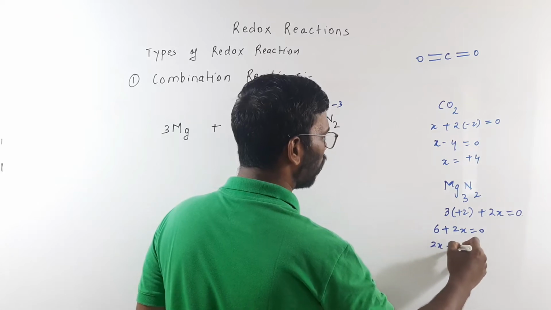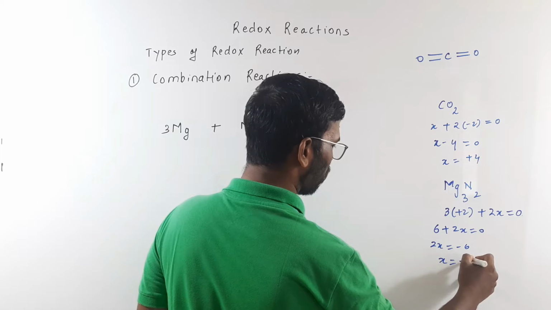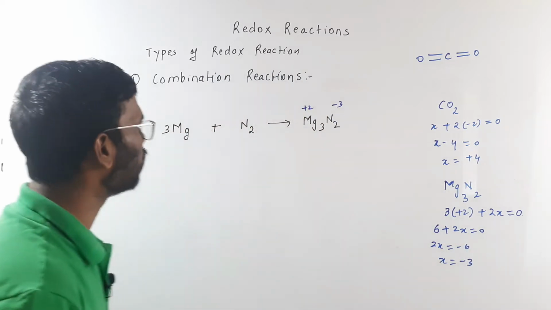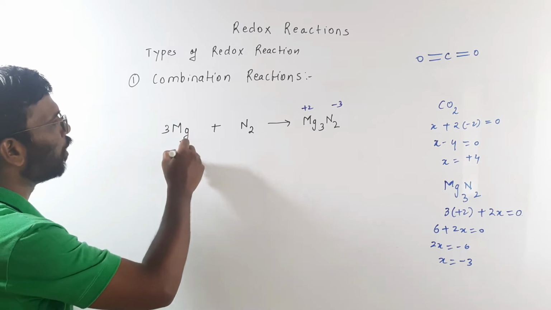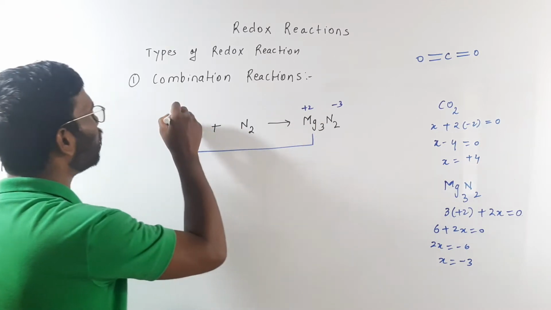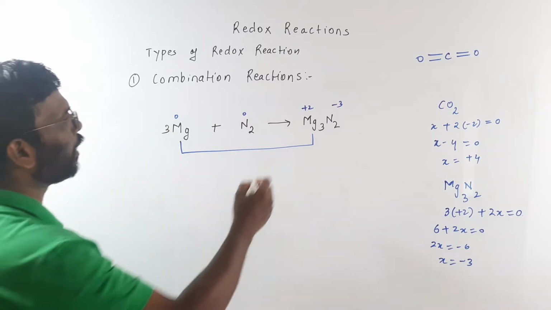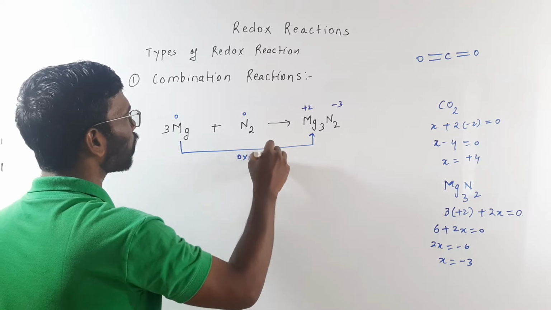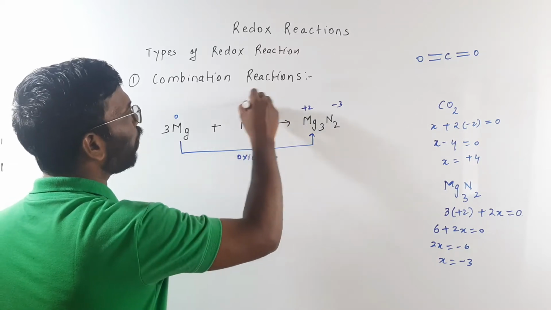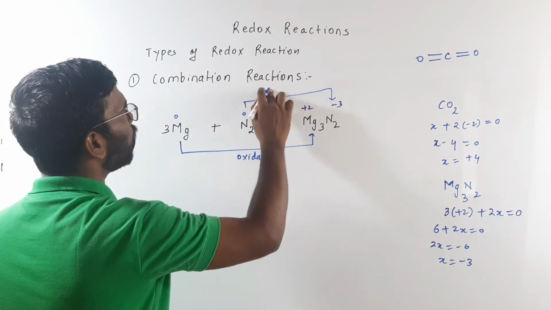So 2x is equal to -6 and x is equal to -3. So that's why nitrogen is -3. So what is happening to the magnesium? Magnesium here was in zero oxidation state, and nitrogen was also in zero oxidation state. So magnesium's oxidation is happening and the nitrogen is getting reduced from 0 to -3.